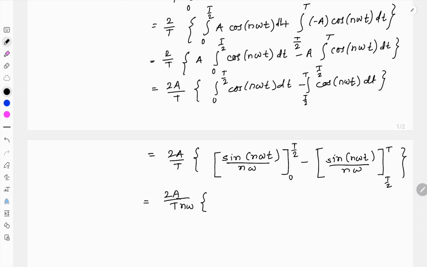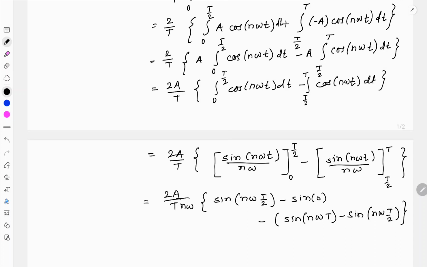So the upper limit is T by 2, so sin of n omega T by 2 minus sin of 0. This is the first bracket. Minus, in the second term we have sin of n omega T minus sin of n omega T by 2.